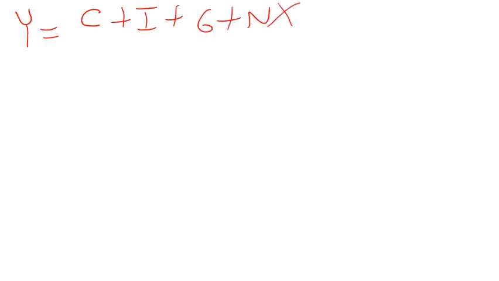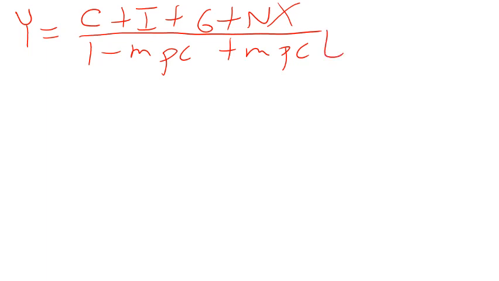Another way to explain the government spending multiplier is a little bit more mathematical. All right. So let me put together for you the model equation again. It's C plus I plus G plus NX divided by 1 minus MPC plus MPC times T. All right.